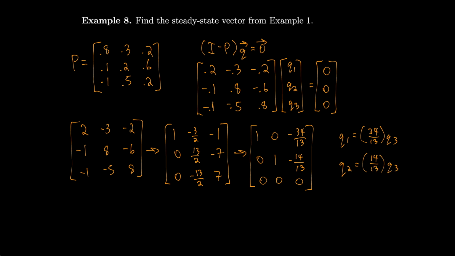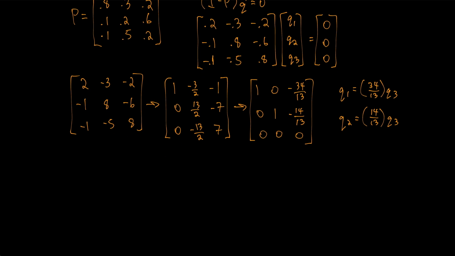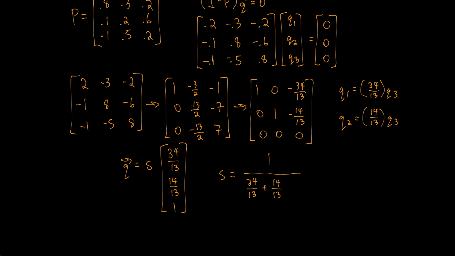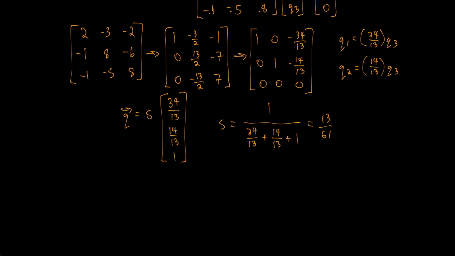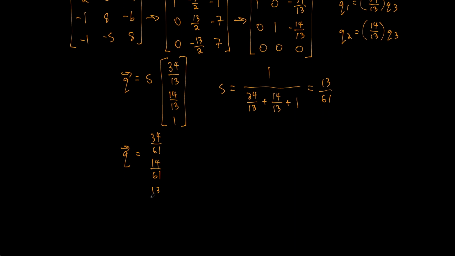So that'll be our parameter S. So we can have Q equal to S times (34 over 13, 14 over 13, 1). And again, we need to figure out what S is to force all of these to add up to 1. So S will have to be 1 divided by their sum, 34 over 13 plus 14 over 13 plus 1, and that equals 13 over 61, which gives us a Q equal to 34 over 61, 14 over 61, 13 over 61.